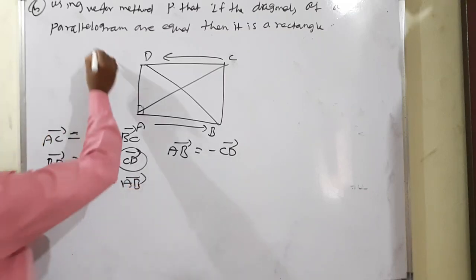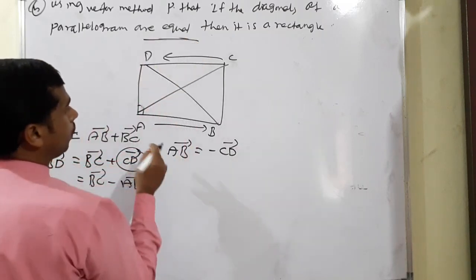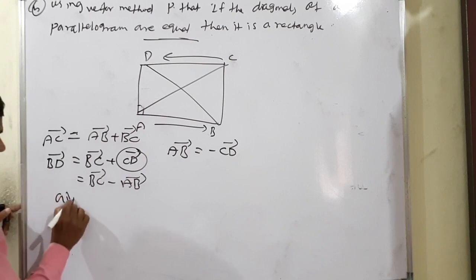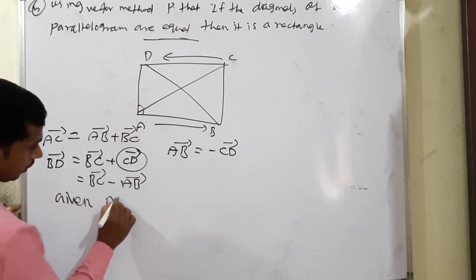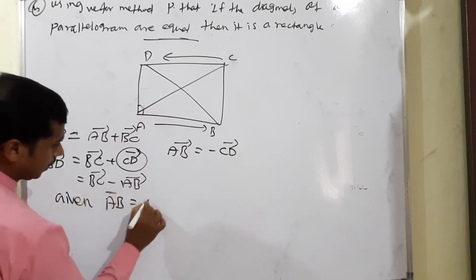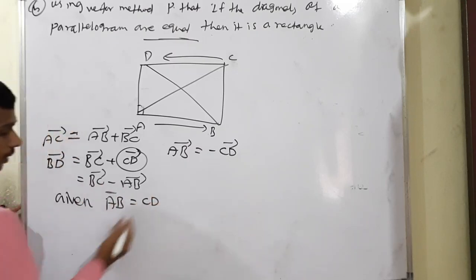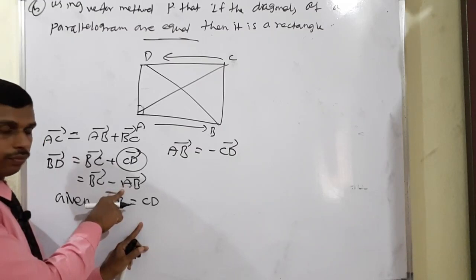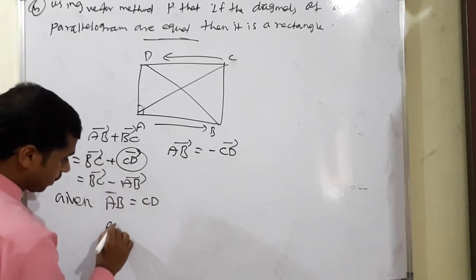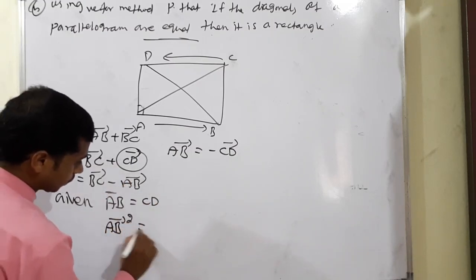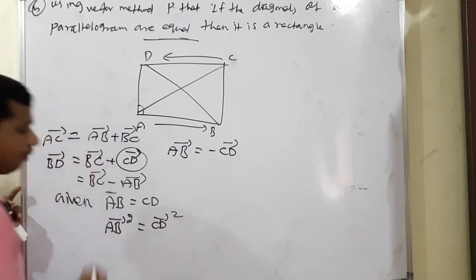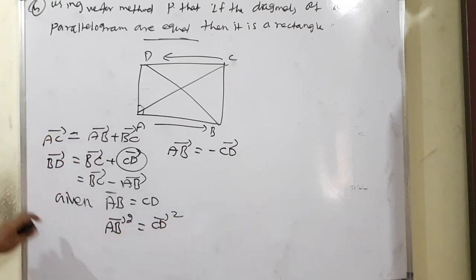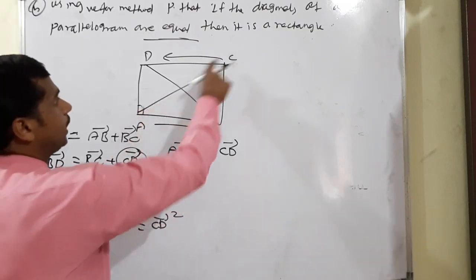The given is that the diagonals are equal. Equal means we can say AB is equal to CD, isn't it? Both sides square, then only we can write it in vector form. Sorry, I mean diagonals: AC is equal to BD.